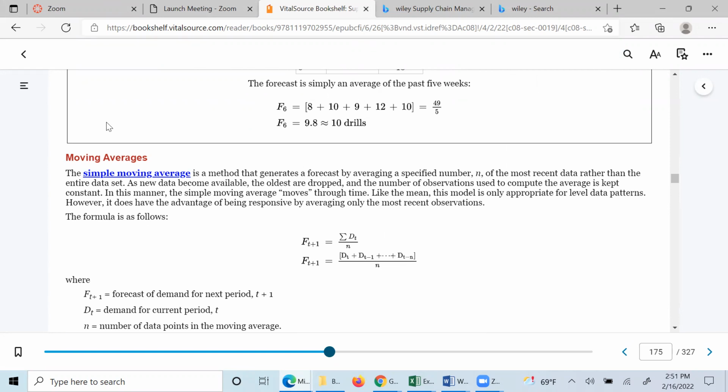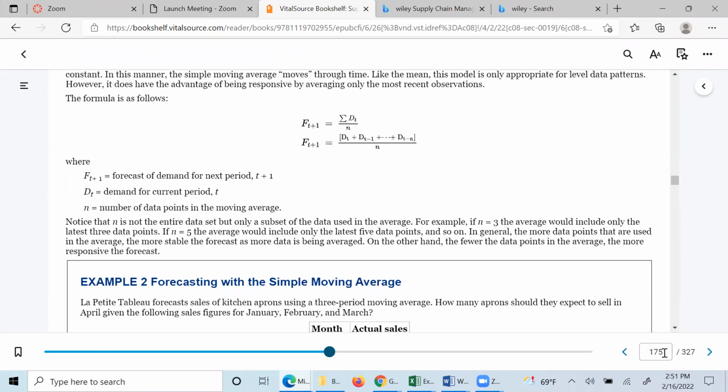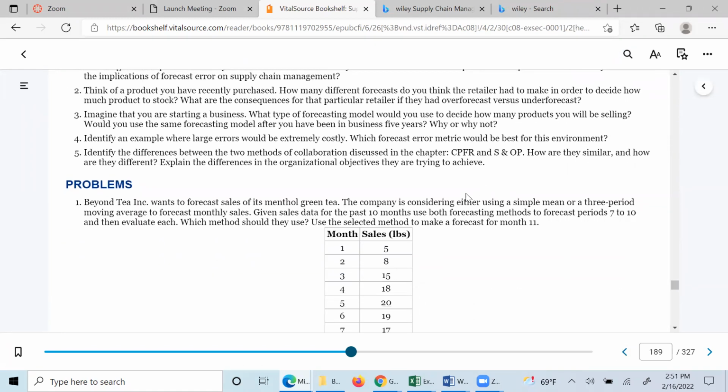If we go back to this problem, which I believe is on page 189, it says to use a simple mean or a 3-period moving average to predict time periods 7 to 10, given sales data for the past 10 months.